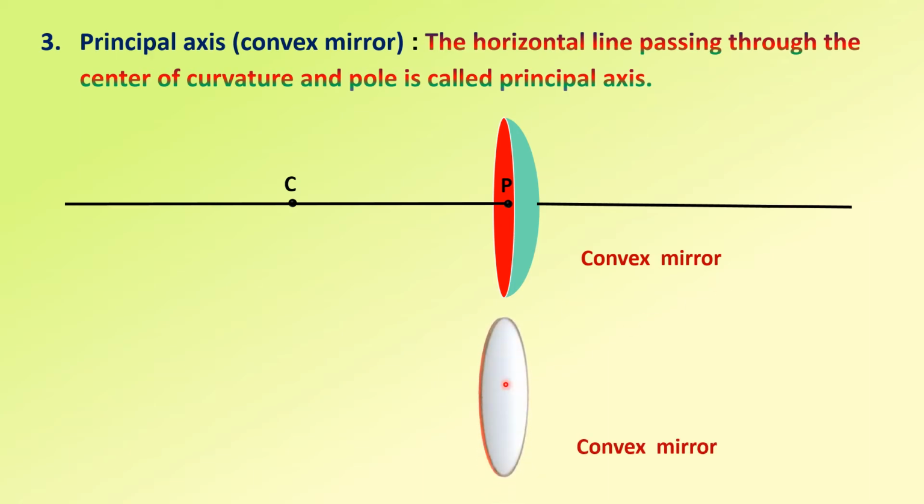You can see here also, this one is also a convex mirror. P. Here is C, center of curvature, principal axis.